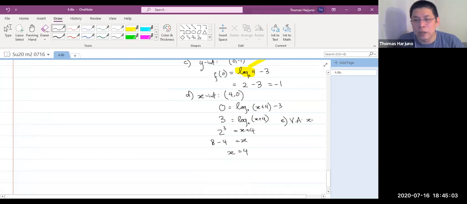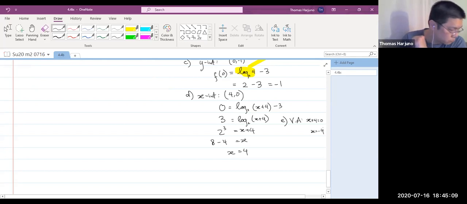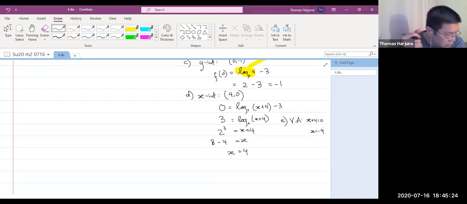So that's x plus 4 equals 0, x equals -4. Okay, so that's about the transformation.